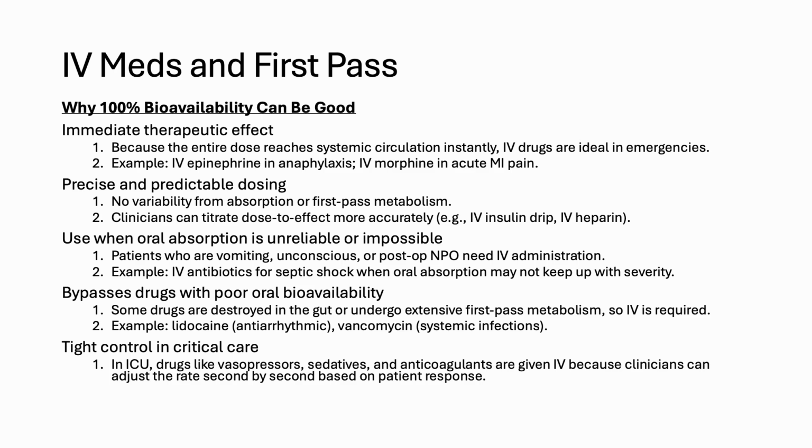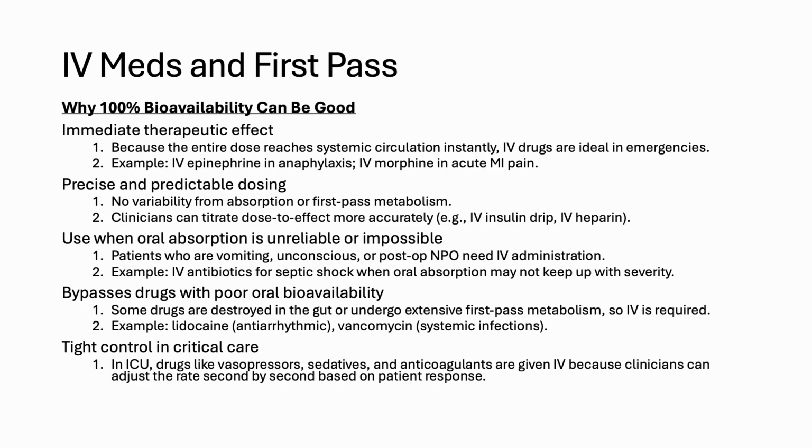Intravenous morphine can be really helpful for that. It works right away. Emergency airway situations like anaphylaxis: intravenous epinephrine works right away. An airway emergency is a super high priority emergency, so IV drugs are ideal because they don't have to be absorbed. They're just getting right to the distribution step.